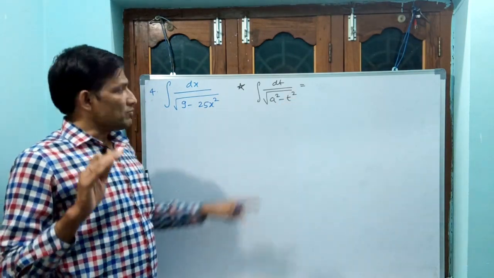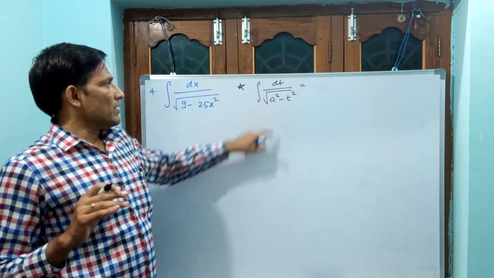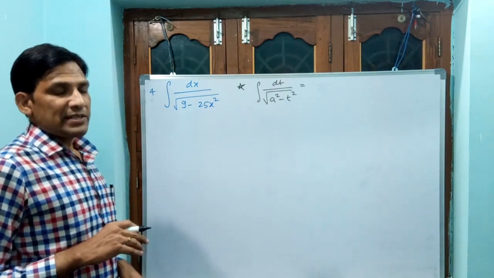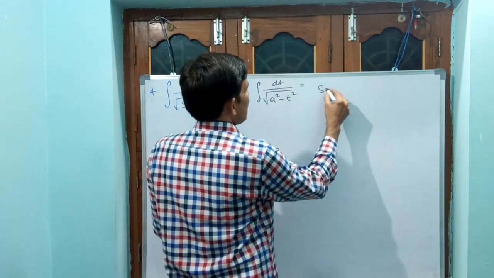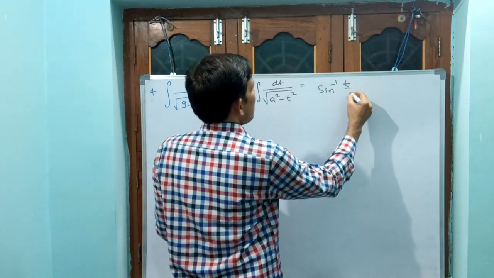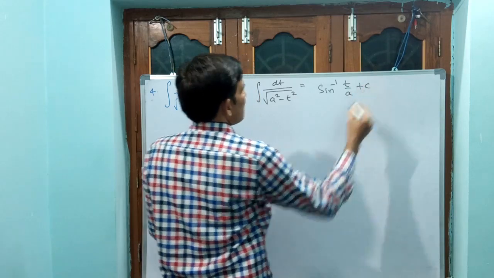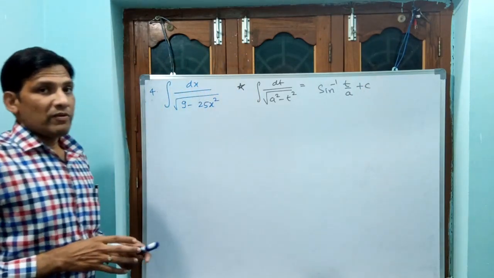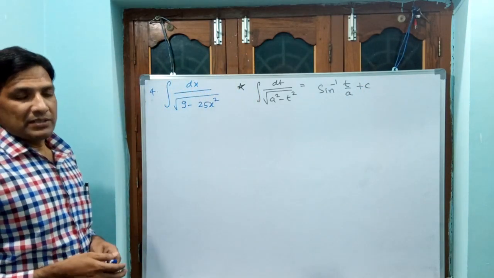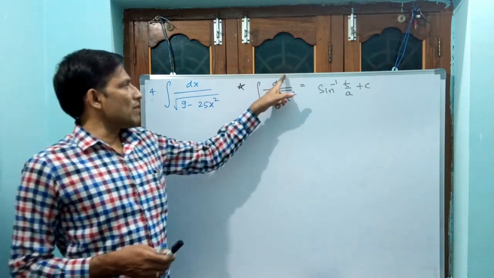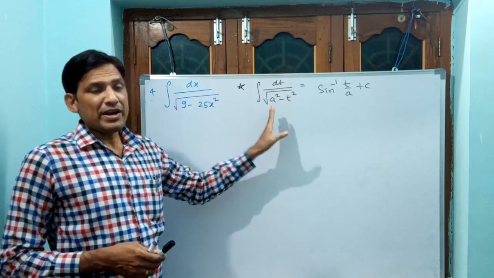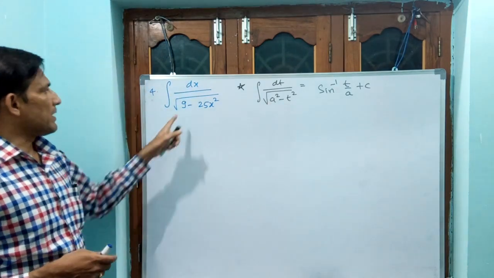But if you observe carefully here, 1 by square root of 1 minus x square is sin inverse x by a. Sin inverse x by a means here what? Sin inverse t by a plus c. This will be our formula. Why? Because d by dx of sin inverse x is equal to 1 by square root of 1 minus x square. 1 is a square, like you think in your mind.